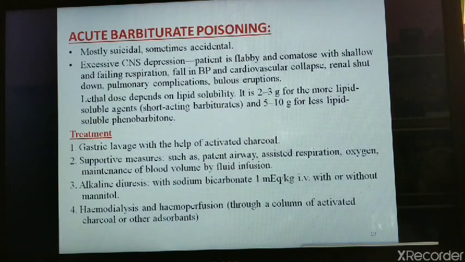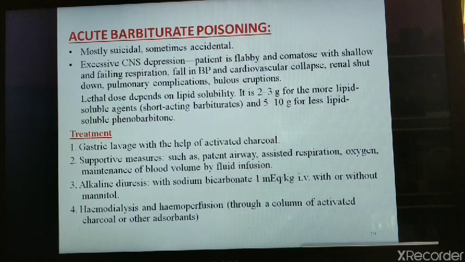Alkaline diuresis may also be done with sodium bicarbonate with or without mannitol, and this is very helpful in the case of long-acting barbiturates, which are eliminated primarily by renal excretion. The last one is hemodialysis and hemoperfusion through a column of activated charcoal and other adsorbents, and these are effective in removing long-acting as well as short-acting barbiturates.